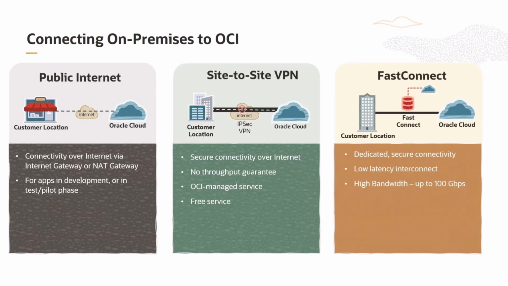It's also an OCI managed service, and there is no egress data transfer charges. So it has a competitive pricing. The only thing that you have to pay is the port charges on an hourly basis. So this Fast Connect is suitable for business critical applications and also latency sensitive applications because it caters to both compliance and security requirement.